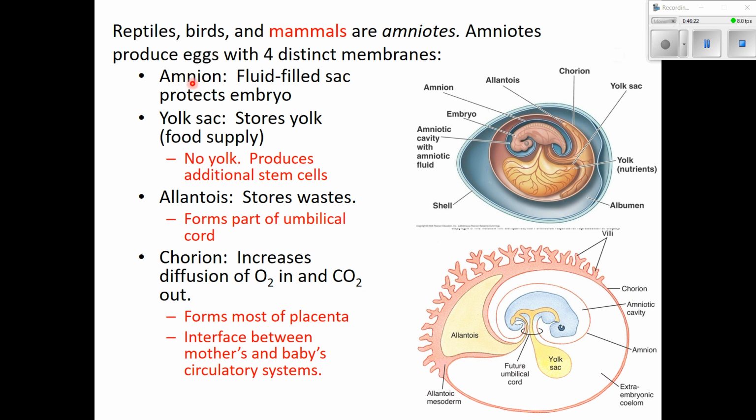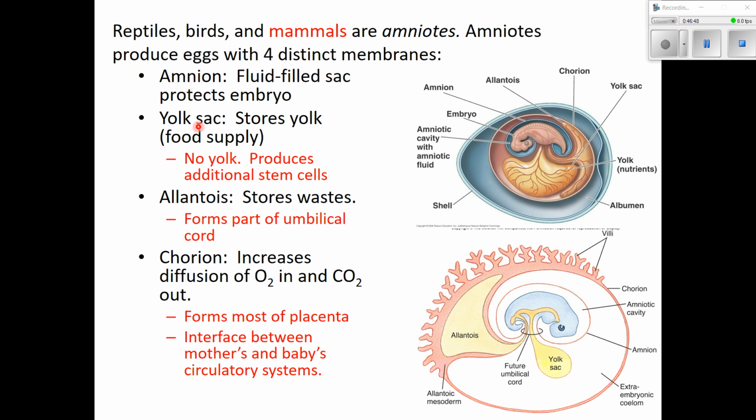The amniotic sac is what ruptures early on in childbirth. You've heard of a mother talking about her water breaking. That's the rupturing of the amniotic sac right before childbirth. So it still serves the same function in the uterus as it does in the reptile or bird egg.